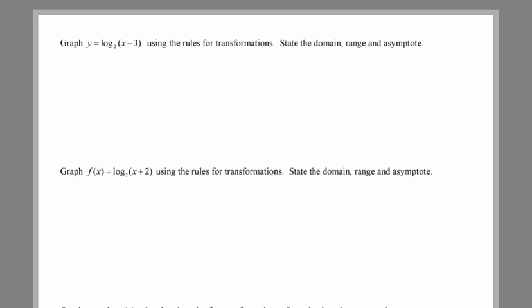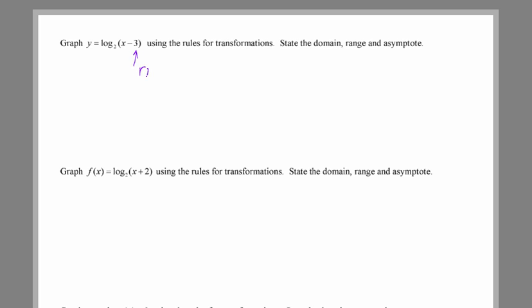So let's just state the domain, range, and asymptote for this logarithm. We know it's just a basic logarithm, but let's check out the shift. Inside the parentheses, I have an x minus 3. And whenever your value came inside the parentheses, that was a left or right shift.